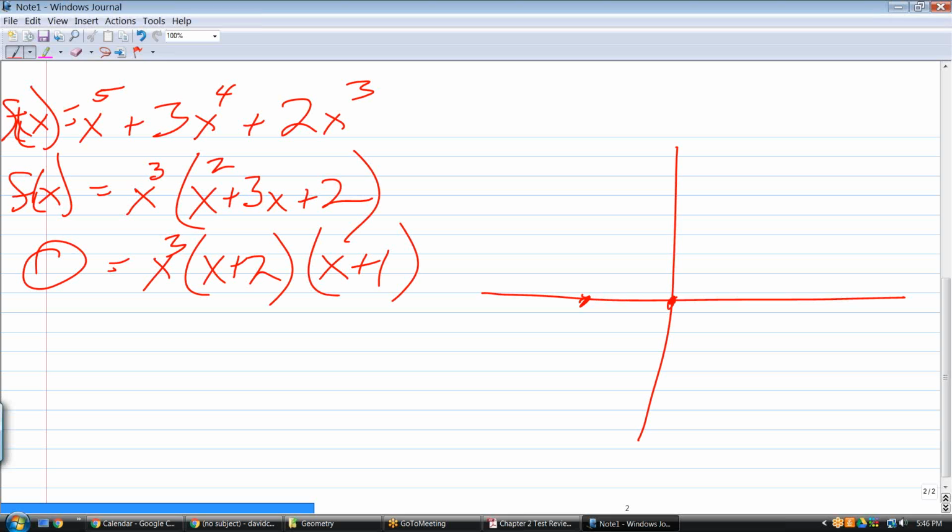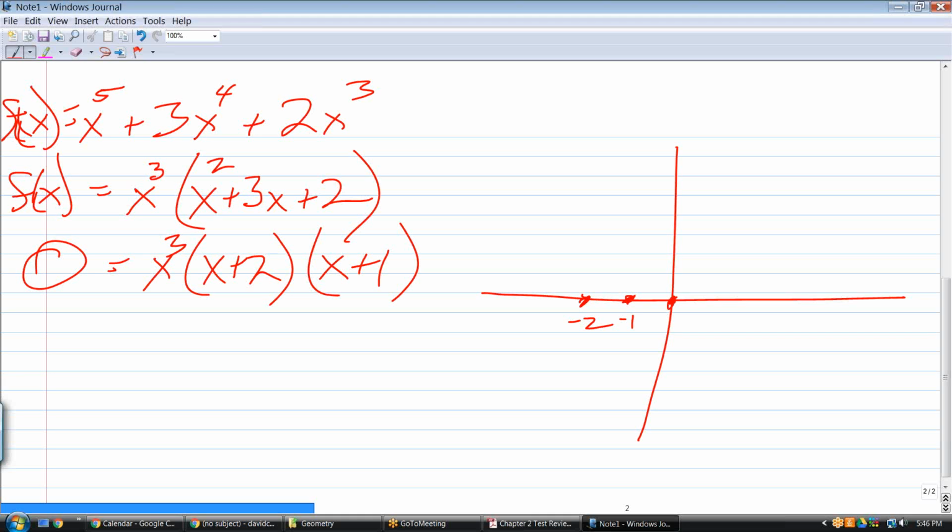And I know there's a 0 at minus 1. Okay? Now, how can I tell whether the graph goes through those zeros or just comes down and kisses it? Cross if it's only 1, and then touch if it's more than 1.